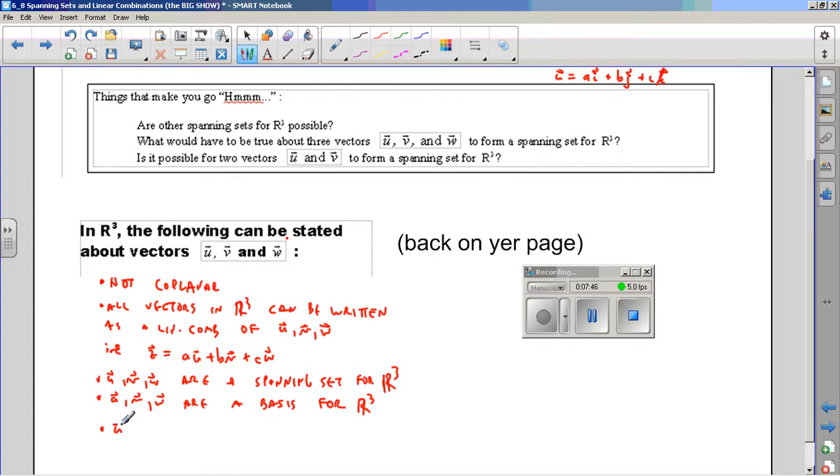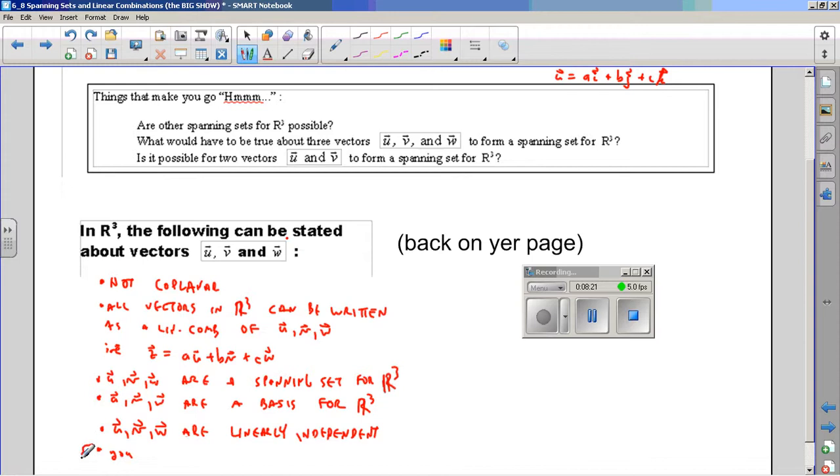We also say that the three vectors are linearly independent. Also, this means that if I took one of them, I couldn't write it as a linear combination of the other two.